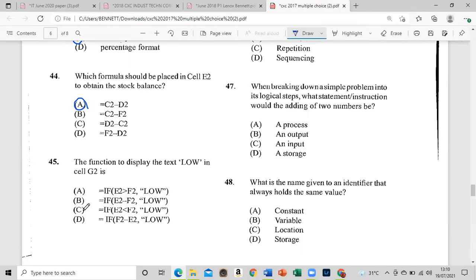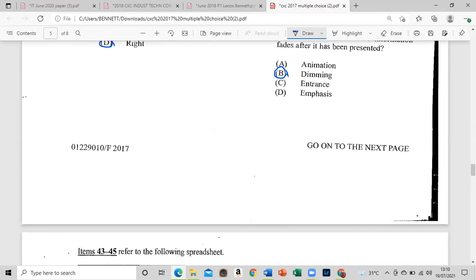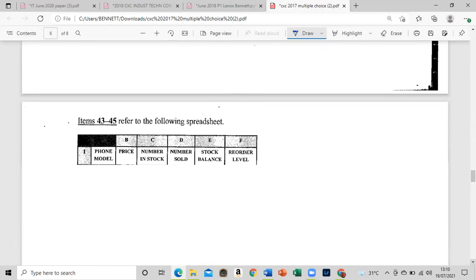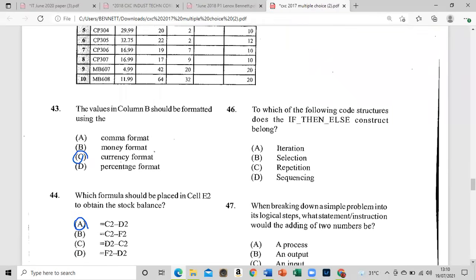That would be C based off what I'm seeing. Alright, so that would be C. Let's move on to 46. Which of the following code structures does the if-then-else construct belong to? Is it iteration, selection, repetition, or sequencing?